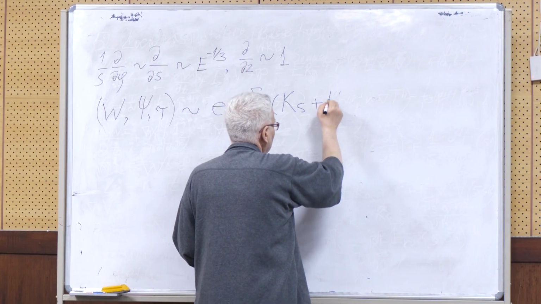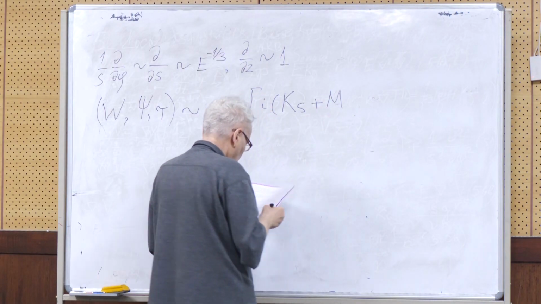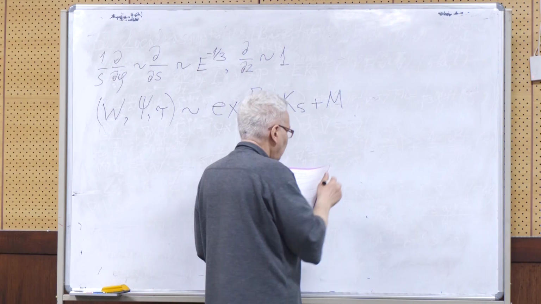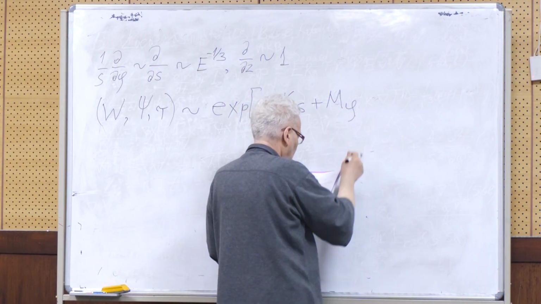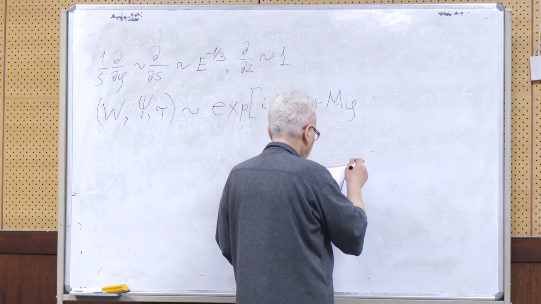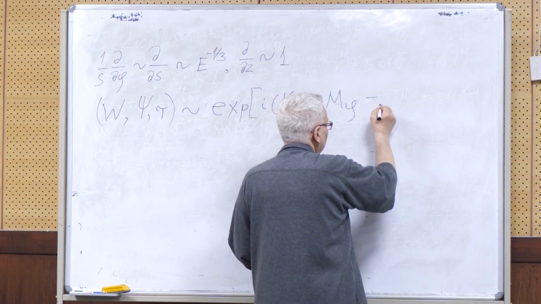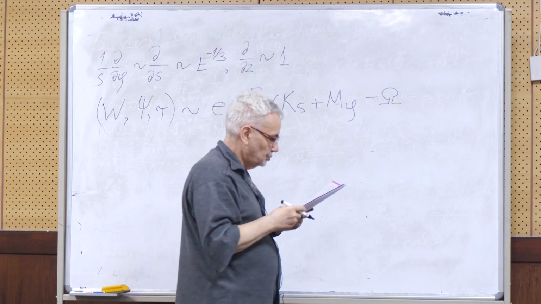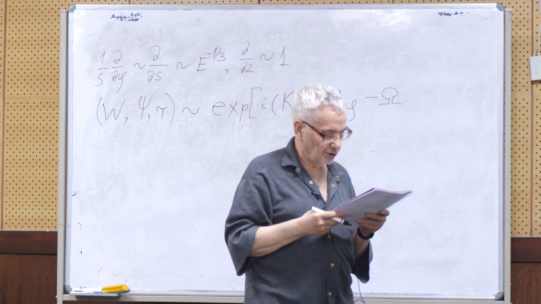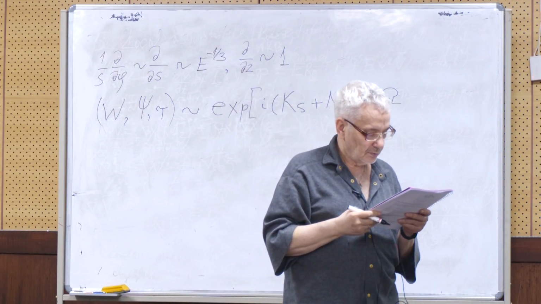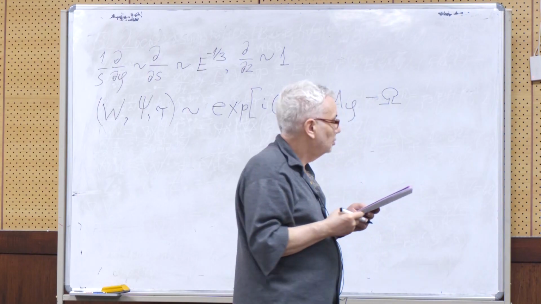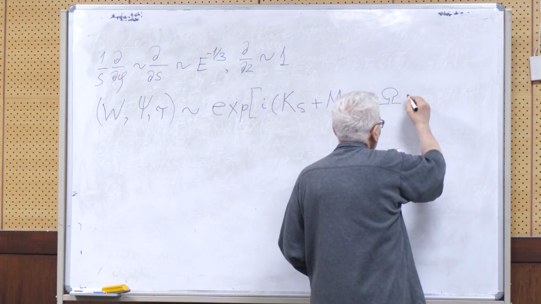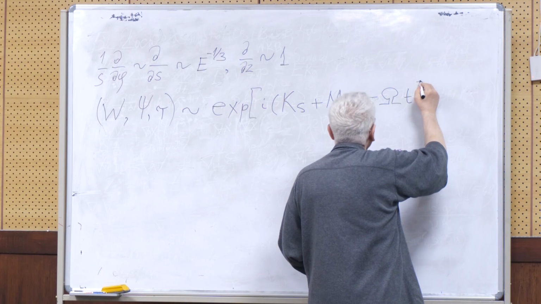Then there is m, which is multiplied by phi. And finally, there is omega. Please do not mistake this omega with the rotational rate. And so omega t.